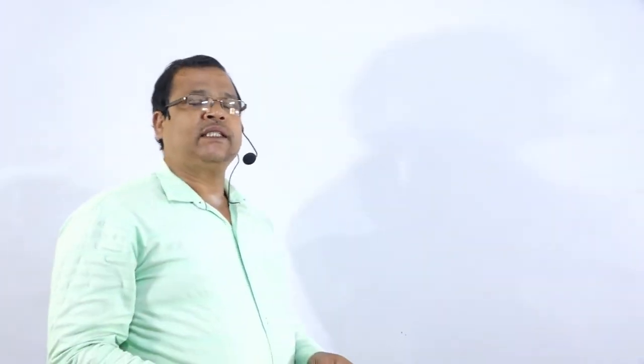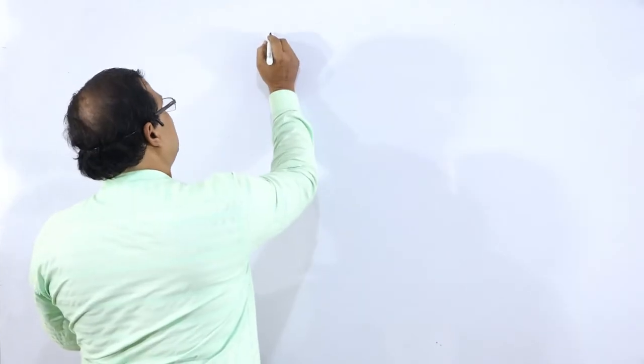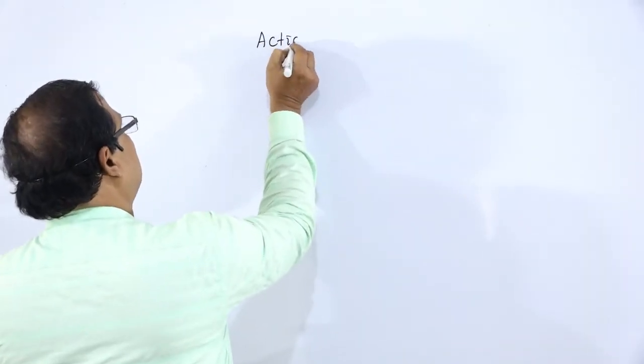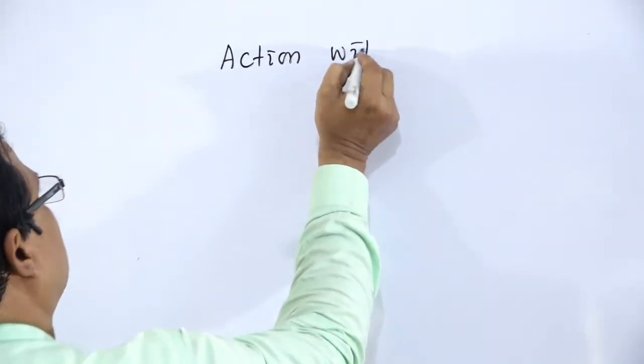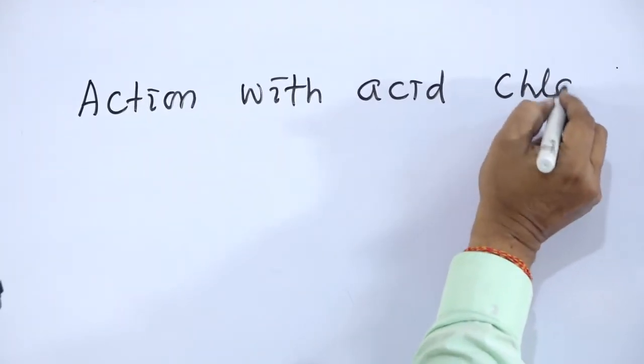Next reaction to distinguish between primary amine, secondary amine and tertiary amine is action with acid chlorides.